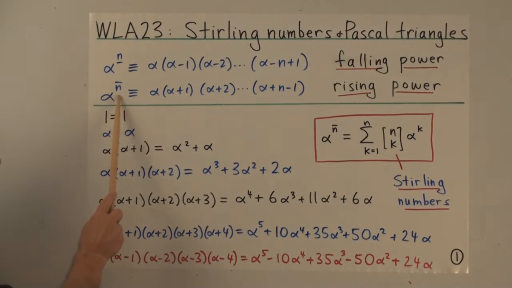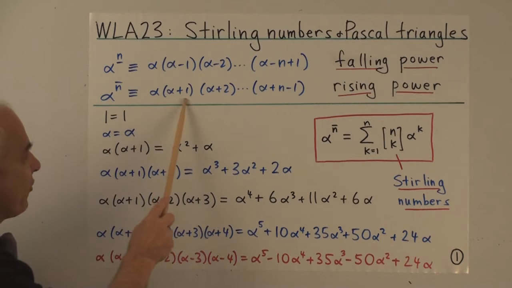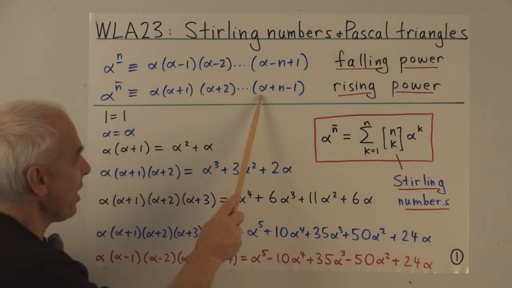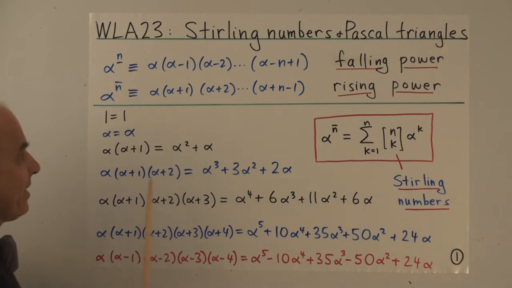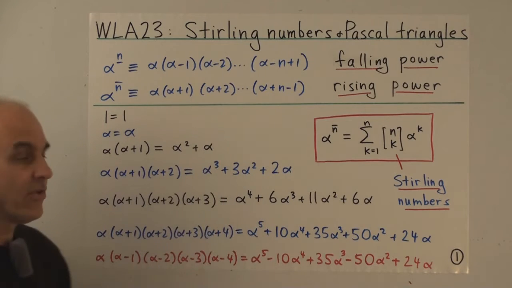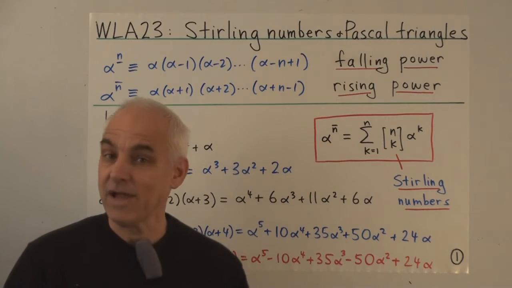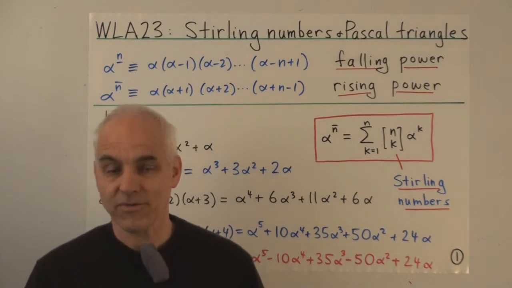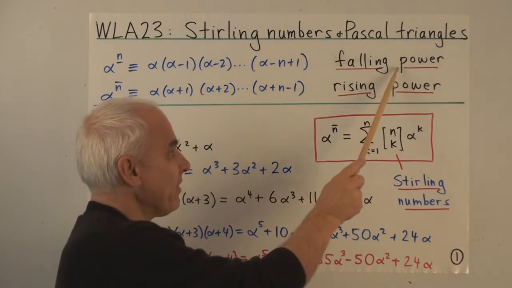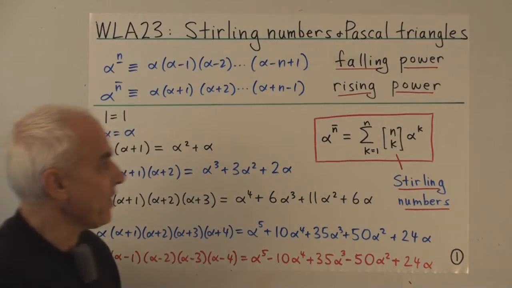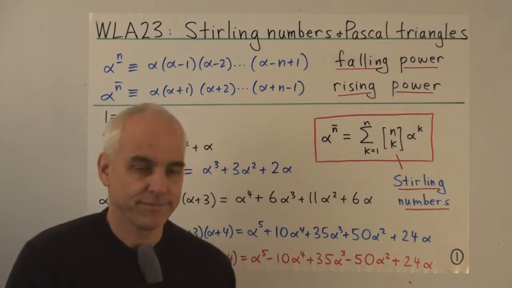And alpha to the n rising: alpha, alpha plus 1, alpha plus 2, all the way up to alpha plus n minus 1. Again, there are exactly n terms starting from alpha. Let's call that a rising power. Last time I called them raising powers. All right, so just a little bit of change of terminology there. I think this is somewhat more standard.